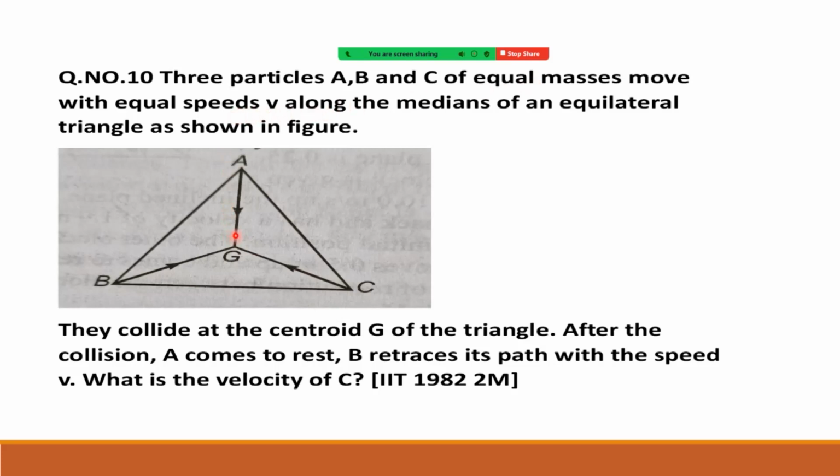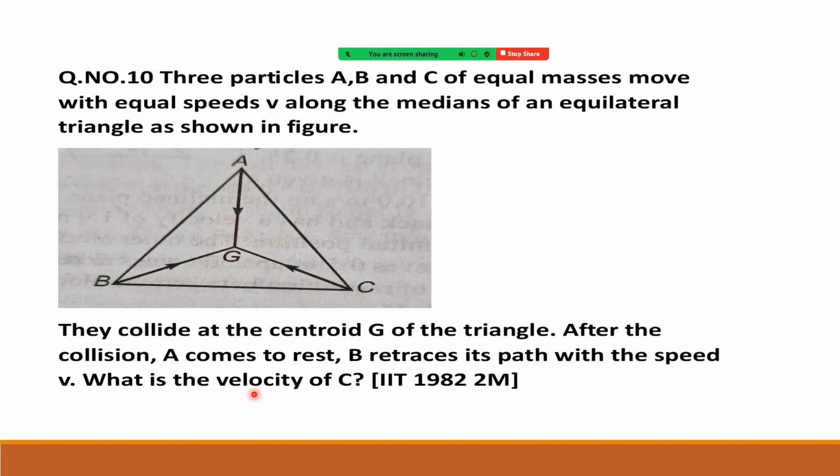And we can see they are symmetric, with angles 120, 120, and 120. So by symmetry, the resultant of these three vectors is 0. Having three vectors, and between any two vectors the angle is 120, the sum of those three vectors is 0. This is what we have learned in vectors, right?